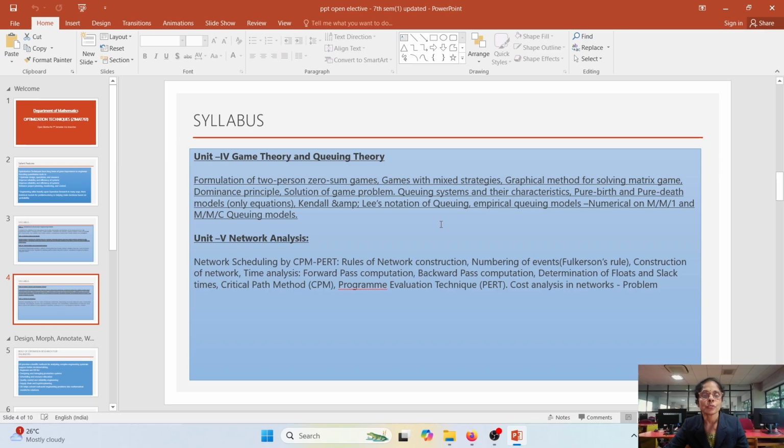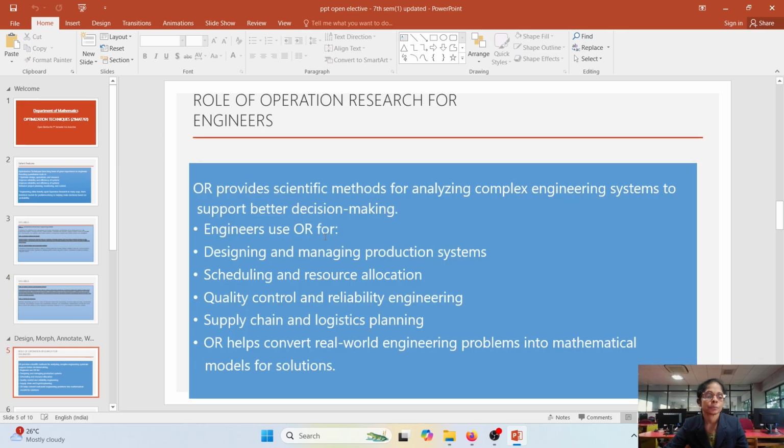And the last unit is that of network analysis. In this network analysis, we are learning network scheduling by critical path method and PERT, rules of network construction, numbering of the events, and then time analysis, forward pass and backward pass computation, determination of floats and slack times, critical path method, program evaluation technique, cost analysis in networks, etc.